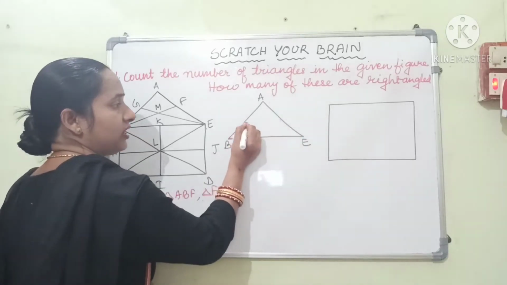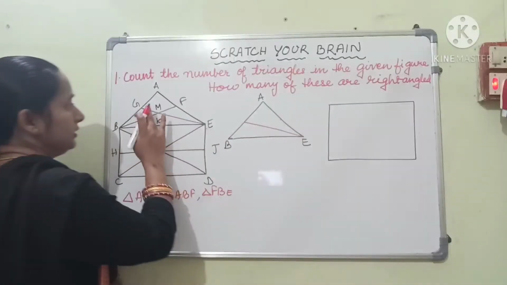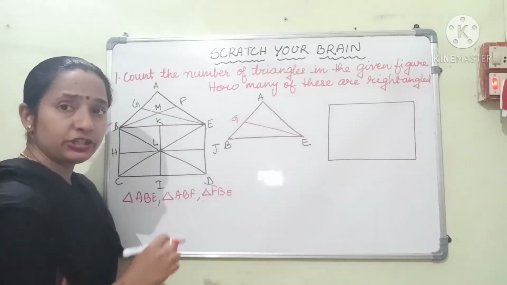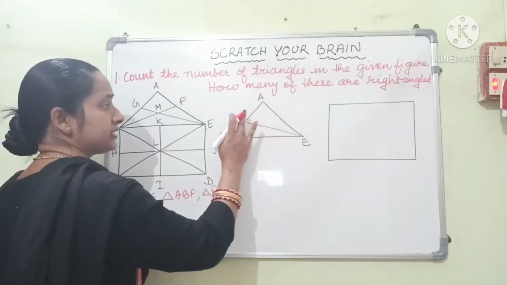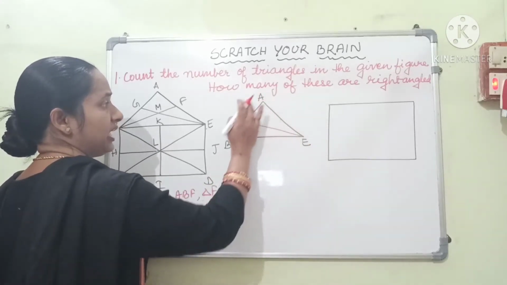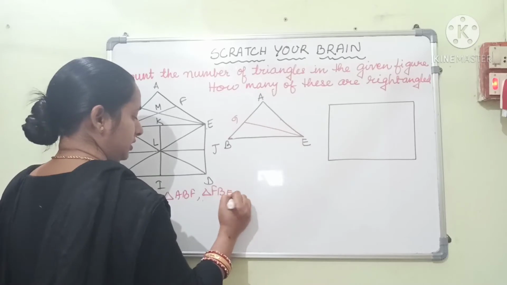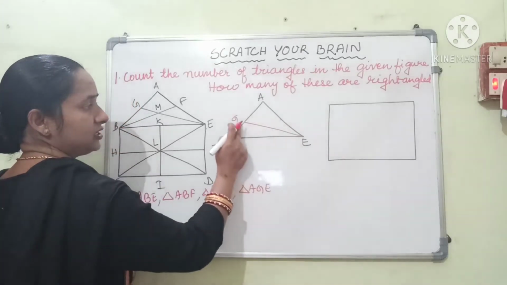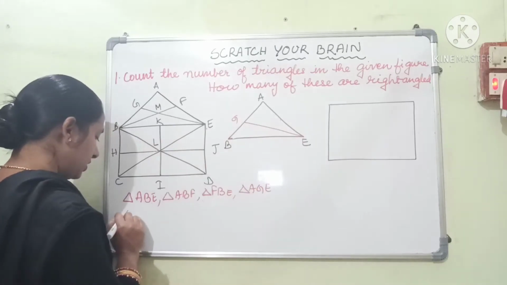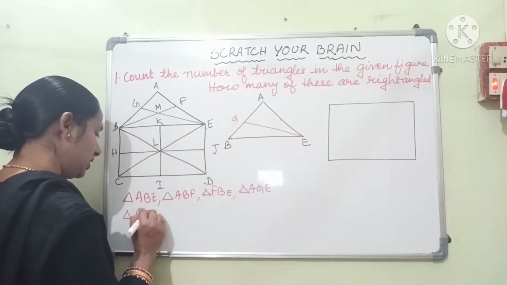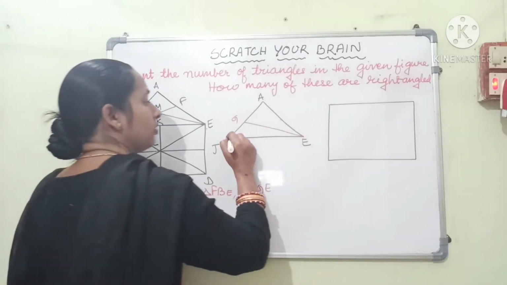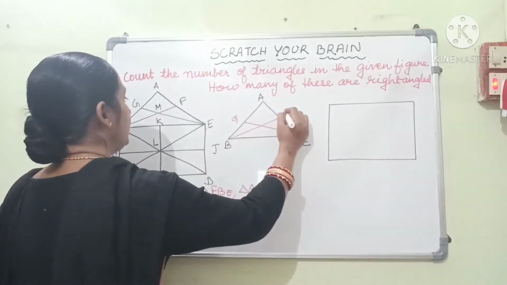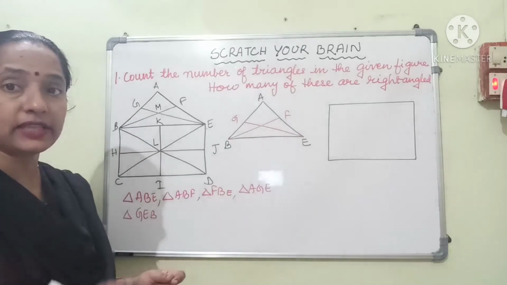And now you see, if I draw the other line, that is GE, then again the triangle is divided into two triangles. Let's name those triangles: triangle AGE, and the other one is triangle GEB. Now, when both these lines are drawn, you will find some more triangles.